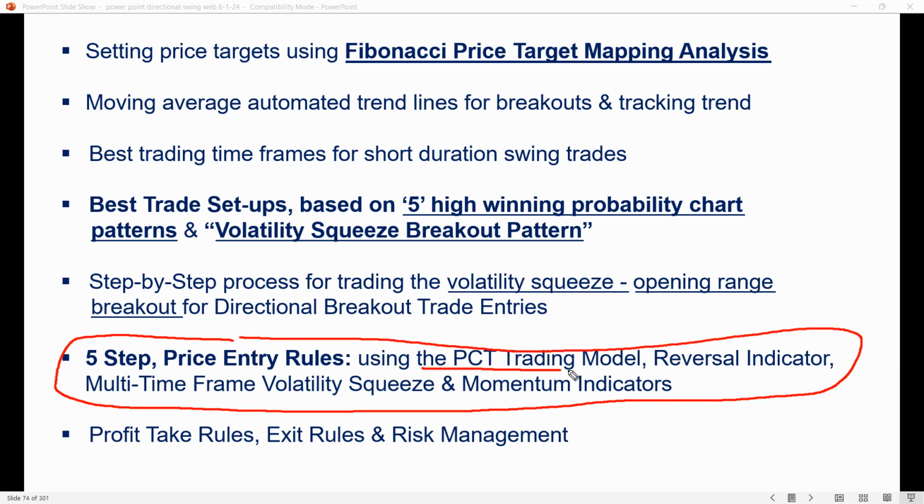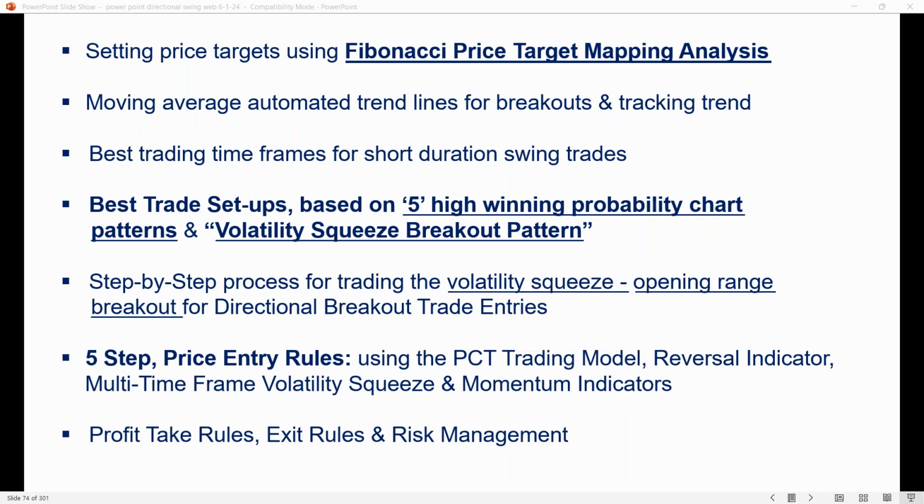So this is using the core model, the reversal indicator, and the multi-time frame momentum indicator. So it's five specific steps: 1, 2, 3, 4, 5, take the trade. So you have to go through 5 steps. Very cut and dry, clear, black and white trade rules.